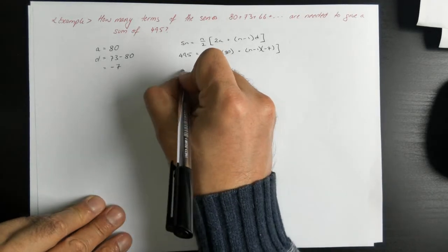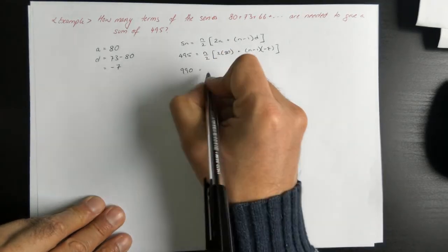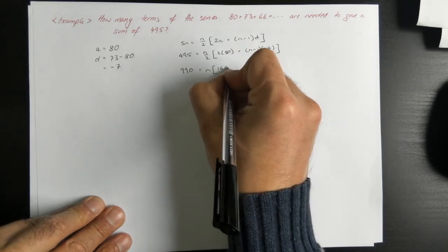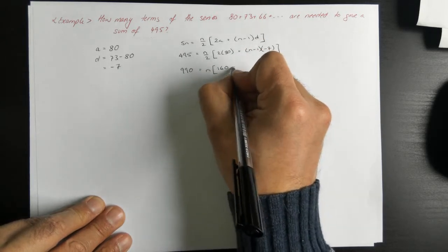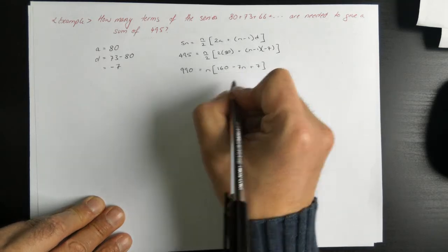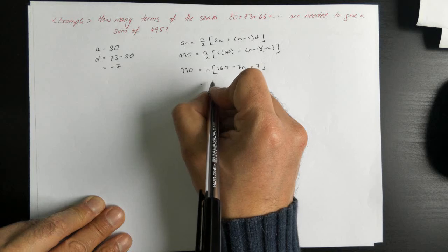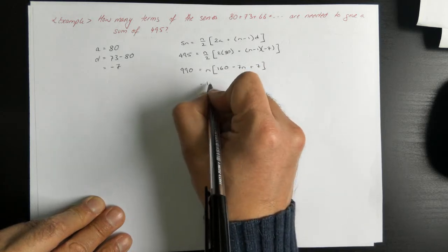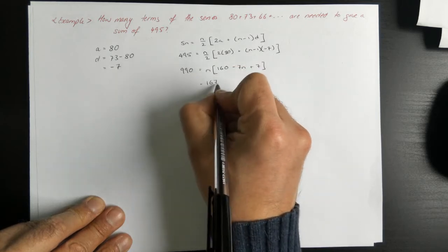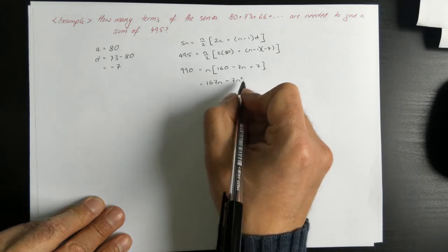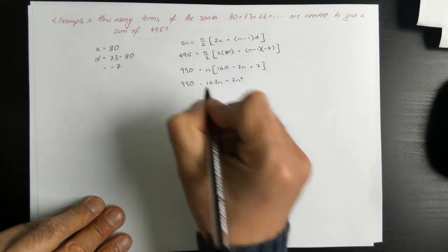So that's 990 equals n times 2 80s is 160 minus 7n plus 7. Alright, so 160 plus 7 is 167, then multiplied by n, minus 7n squared equals 990.